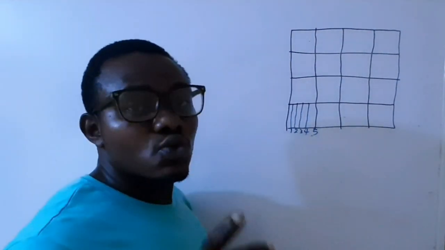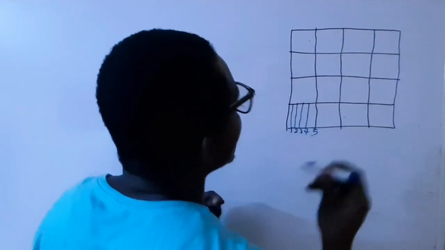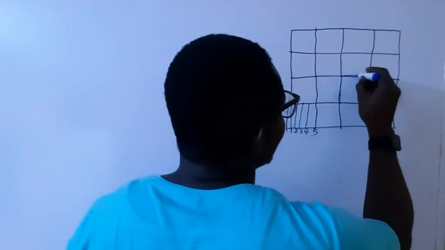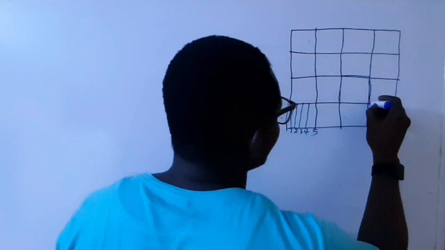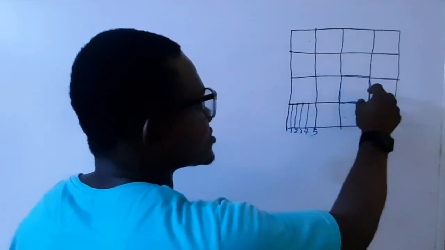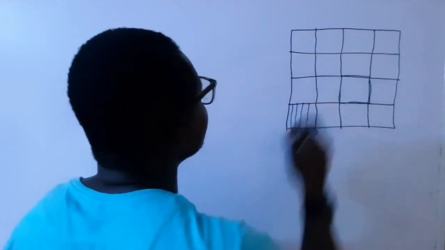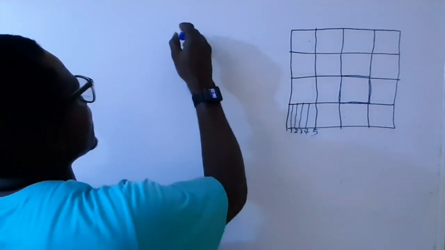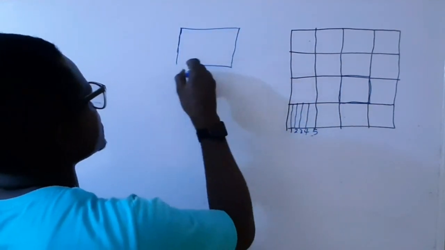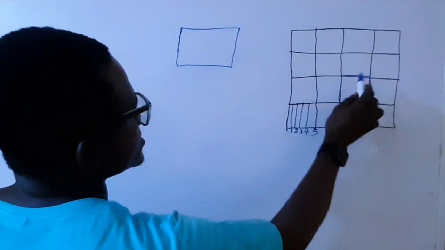And for a square box, let me put this like this. For one square, I will tell you why it is square: because it has the same length. So I'm expanding this and bringing this out. So this is one.